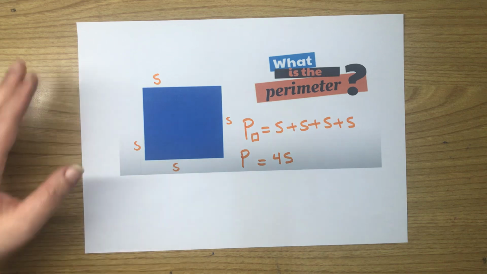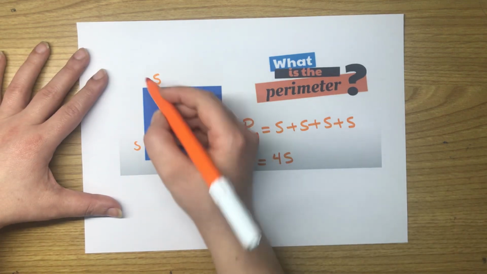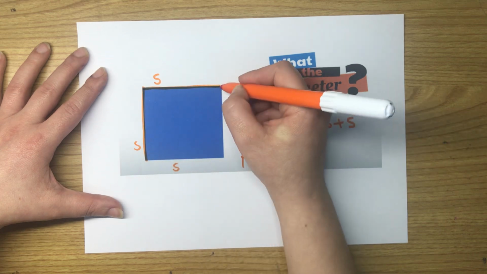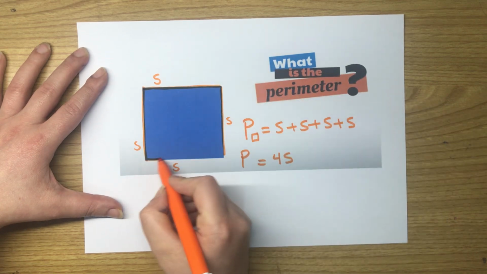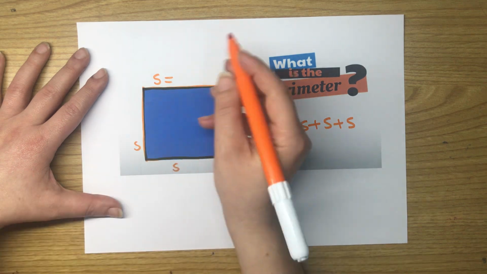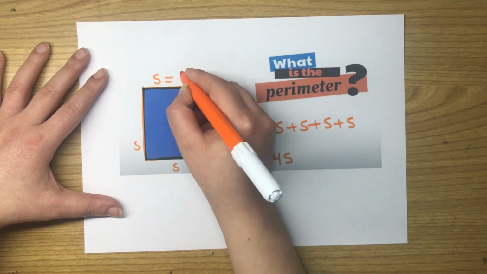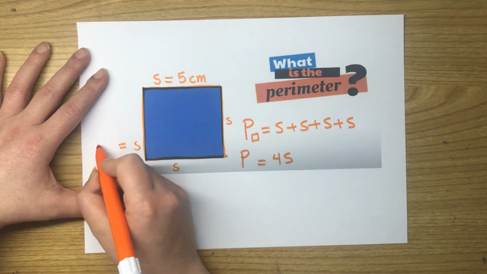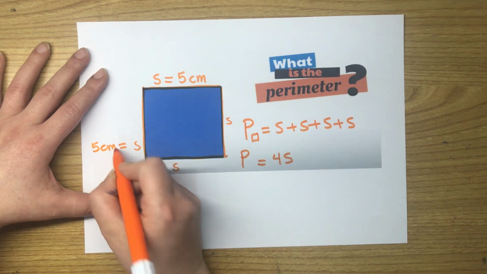For example, let's take the perimeter of this square. Again, this is the perimeter of the square that I'm going to find. For example, each side is going to be measured as, let's say, 5 centimeters. So each side is equal to 5 centimeters.